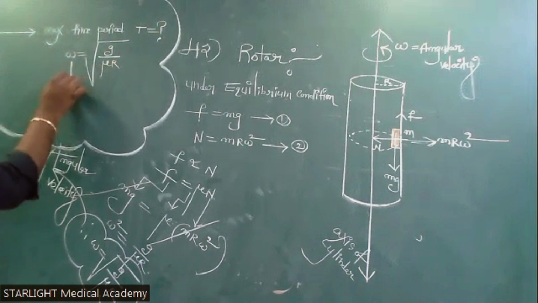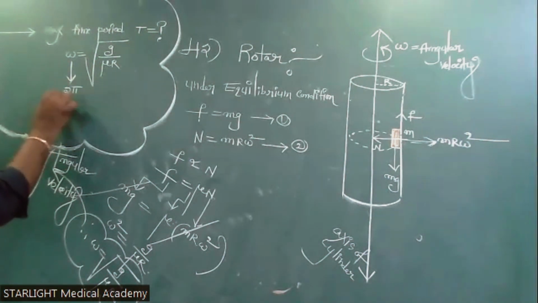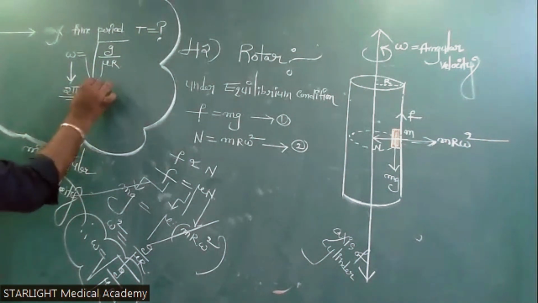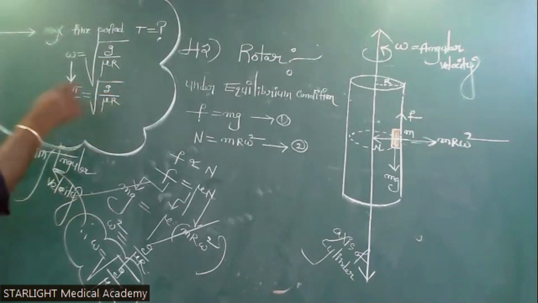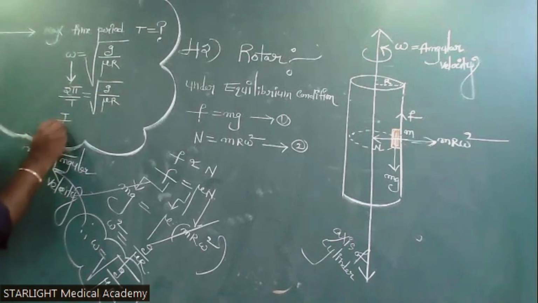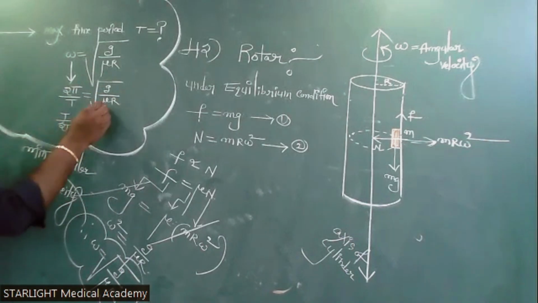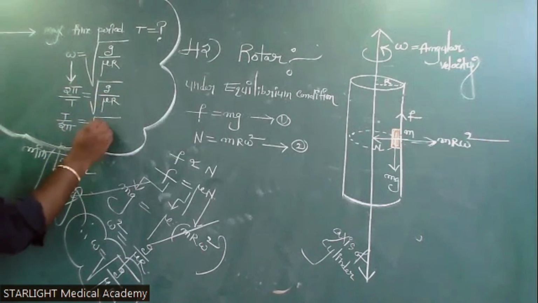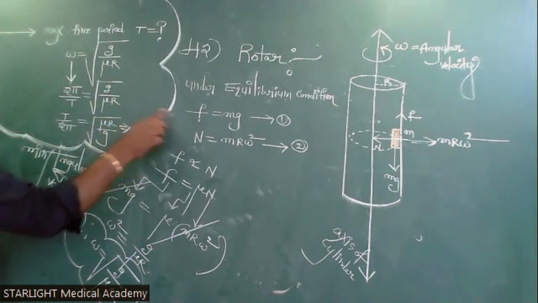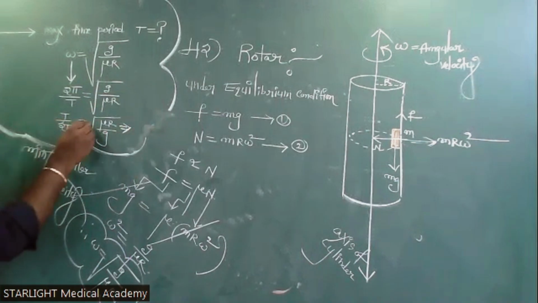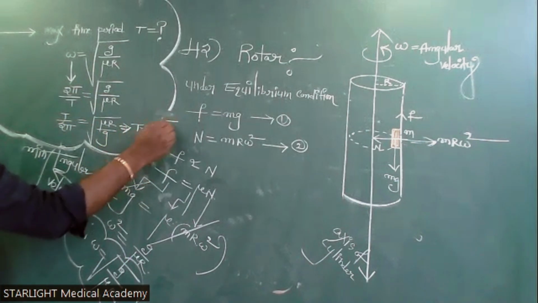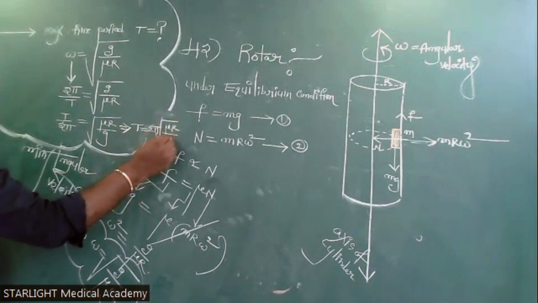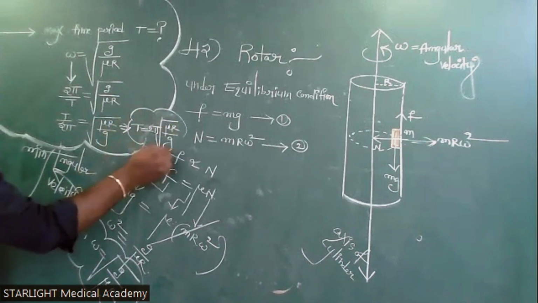In place of omega, put 2 pi by T. So 2 pi by T is equal to root g by mu r. Reversing, T by 2 pi is equal to root mu r by g. That implies T is equal to 2 pi root mu r by g.